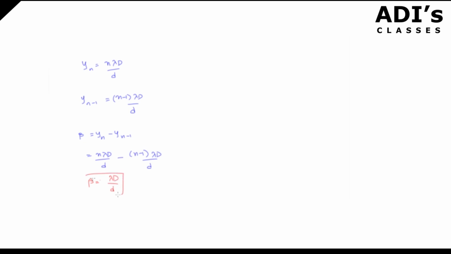Let's say yn minus 1, meaning the (n minus 1)th bright fringe, will be (n minus 1) times lambda D by d. So the difference, let's call it beta, is yn minus yn minus 1, which is n lambda D by d minus (n minus 1) into lambda D by d.